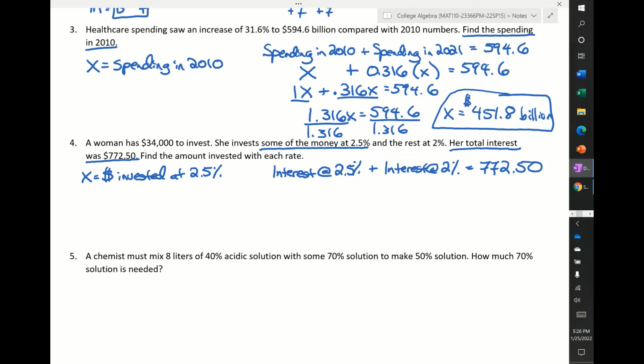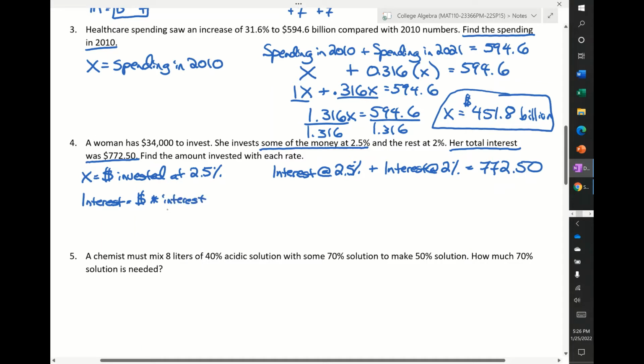The way that you figure out interest is you take the total amount of money times the interest rate. If you have $100 that's making 10%, the amount of money that you made was 10% times $100.